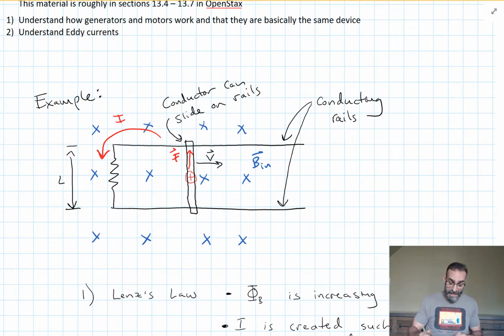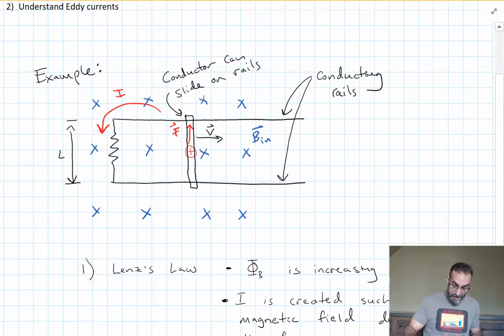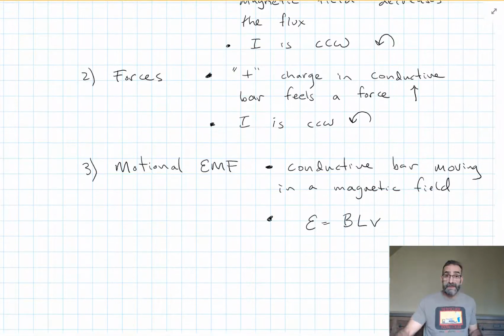And we saw in the last video what that is. The result from the last video showed us the EMF induced across that conductive bar moving in a magnetic field is the magnetic field times the length of the bar times the speed of the bar, the velocity. And it's just as if we're hooking up a battery to our circuit with this EMF.